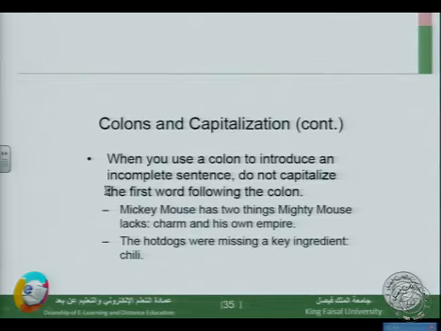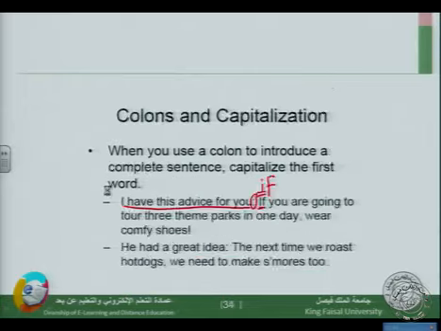Colons and capitalization. When you use a colon to introduce an incomplete sentence, do not capitalize the first word following the colon. For example, Mickey Mouse has two things Mighty Mouse lacks: charm and his own empire. Notice the difference between this sentence and the previous one where we used capitalization. If you use a colon to introduce a complete sentence, you need to capitalize it.